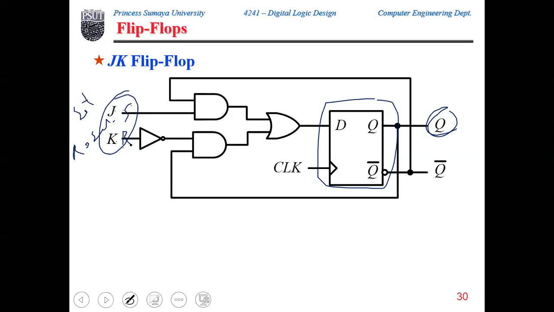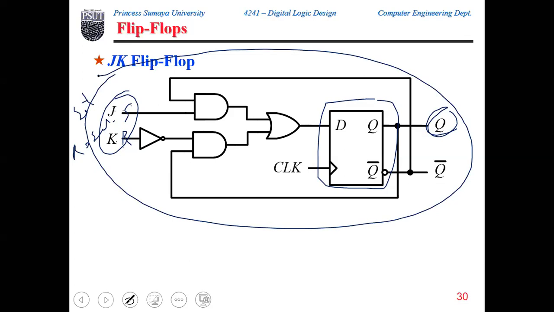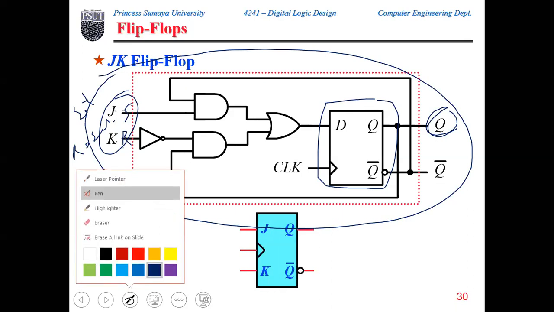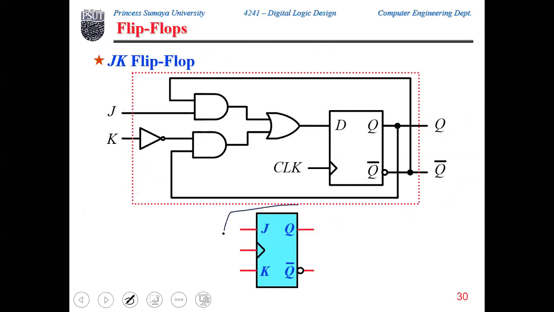Later, when we talk about the analysis of sequential circuits, you will be able to analyze this circuit and see how it behaves. What we are concerned with for the time being is the block diagram for the JK flip-flop. Now this is a positive edge triggered flip-flop.